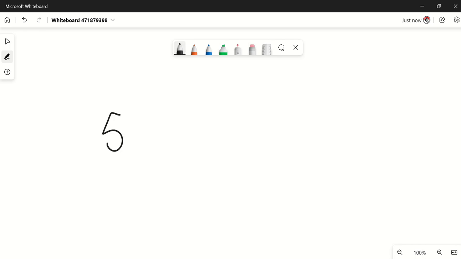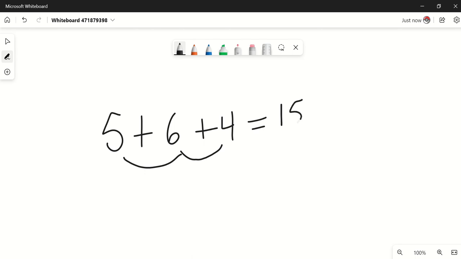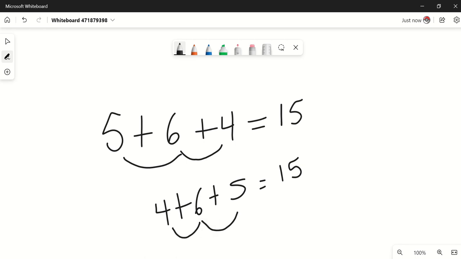So let's do 5 plus 6 plus 4. This will be 6 plus 4 is 10, plus 5 is 15. If I did 4 plus 6 plus 5, it would still be 15. 4 plus 6 is 10, plus 5 is 15. If I did 5 plus 4 plus 6, 5 plus 4 is 9, plus 6 is still 15.